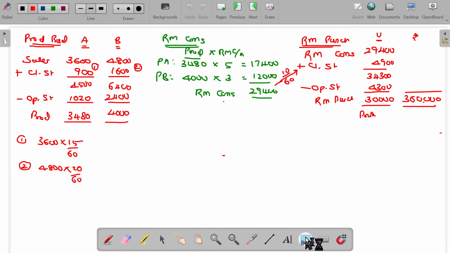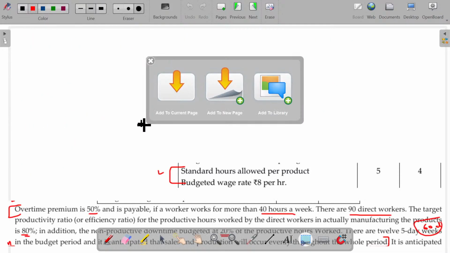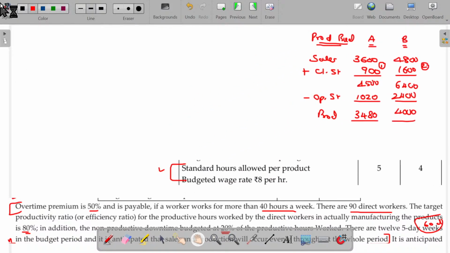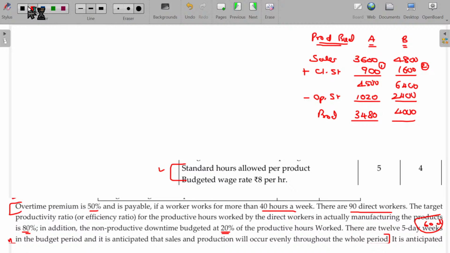I'll take this from here. Production detail. This is for A, this is for B. Standard hours allowed per product being 5 and 4.